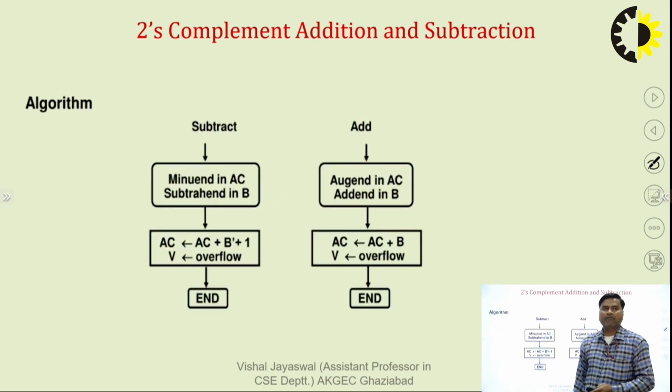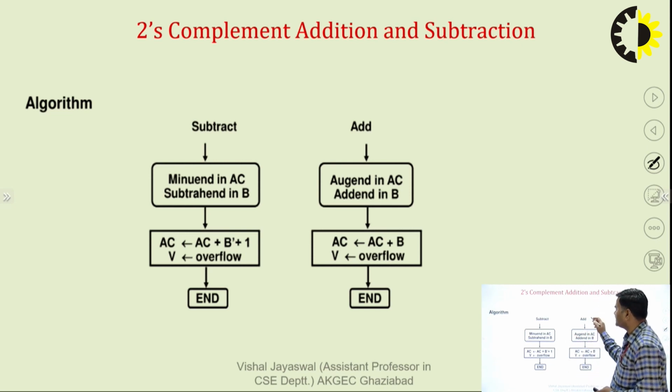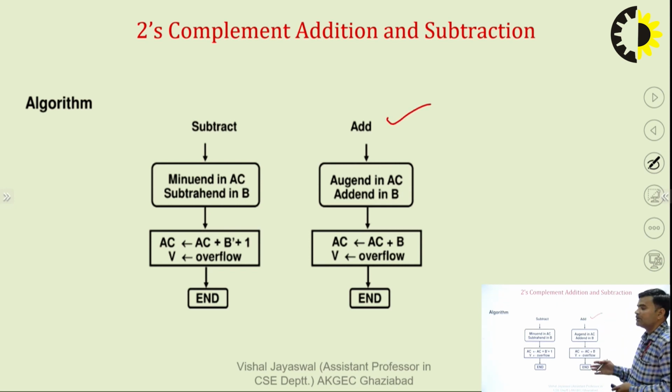This is the algorithm for addition and subtraction. For addition, there are two terms, augend and addend. Augend is in the AC accumulator register and the addend in the B register.